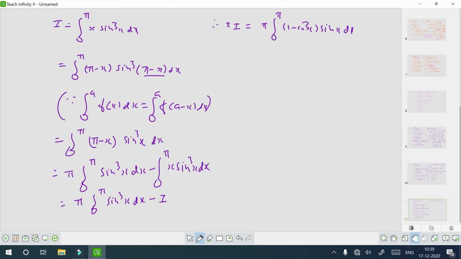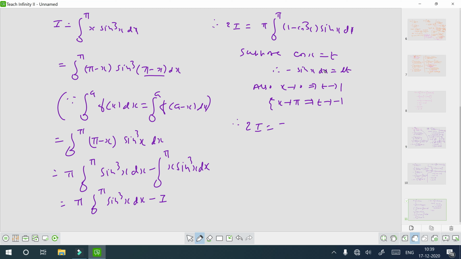Suppose cos x is equal to t, so minus sin x dx is equal to dt. Also x tends to 0 implies t tends to 1, and x tends to pi implies t tends to minus 1, and therefore 2I is equal to pi integral 1 to minus 1 of 1 minus t square into minus dt.